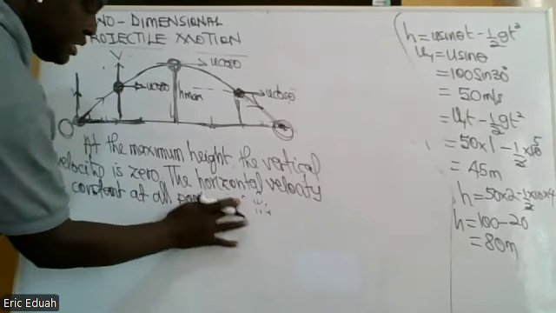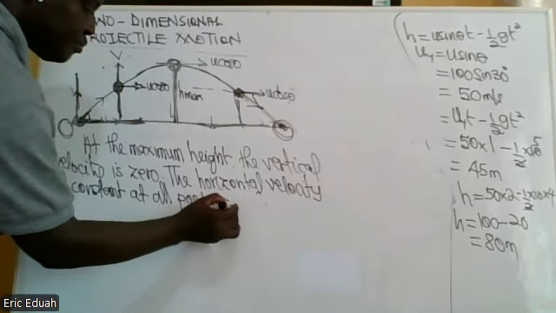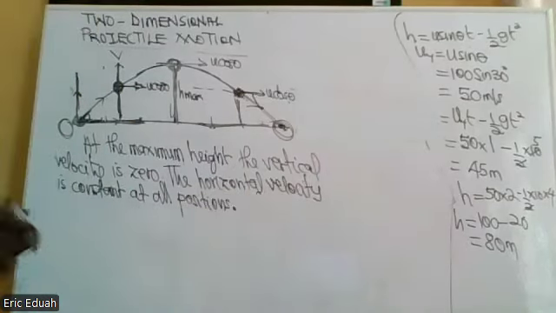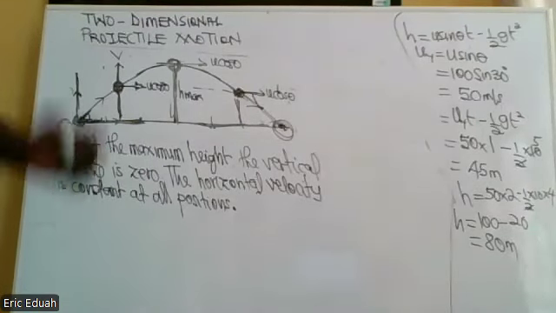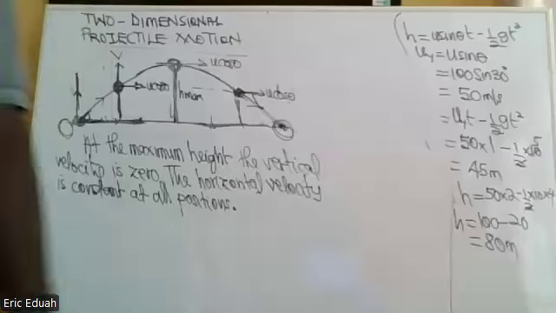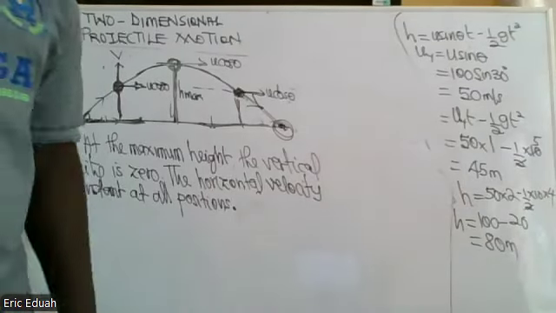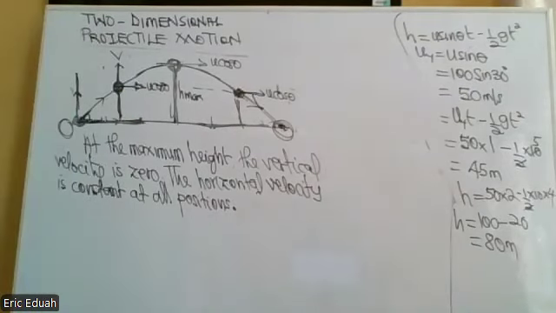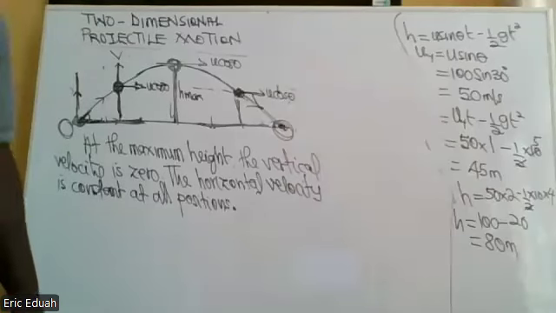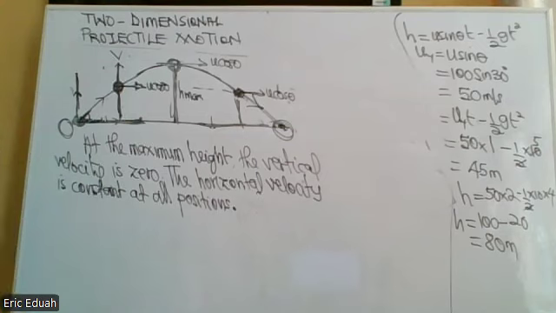So in between, there are two velocities: a constant horizontal velocity, u cos theta, and a vertical velocity, which depends on time. And when the body reaches the maximum height, only u cos theta survives. The vertical velocity reduces to 0.